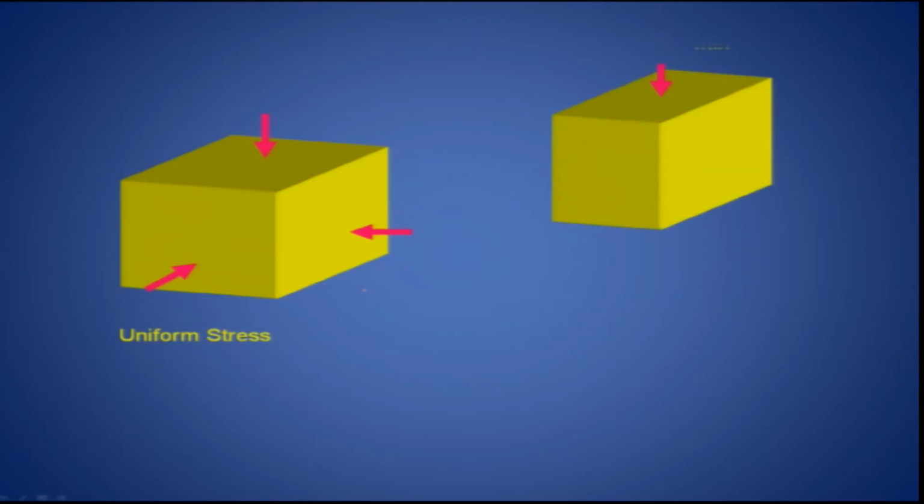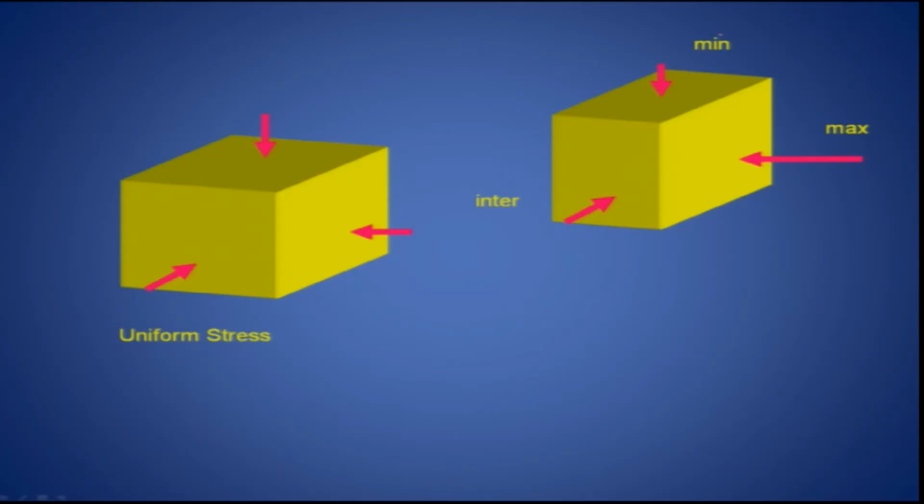Now, I already discussed that if you move into the deeper part of the earth, the deformation you see will be uniform, where we expect uniform stresses. But on the surface we have directional stresses. So, we have sigma 1, sigma 2, sigma 3: sigma 1 is the maximum, sigma 2 is intermediate, and sigma 3 is the minimum.